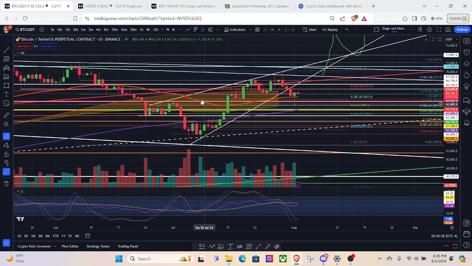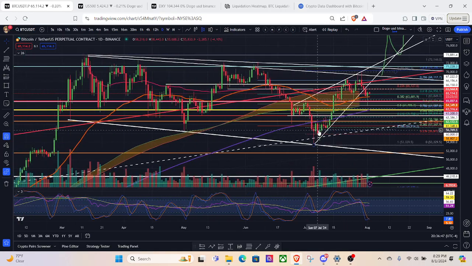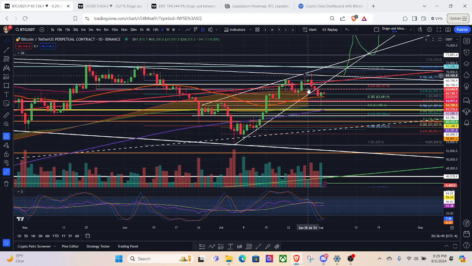or ascending wedge, however you'd like to refer to it, that me and some other traders in the community have noticed in the chart. And this is a bearish pattern for anyone who doesn't know.